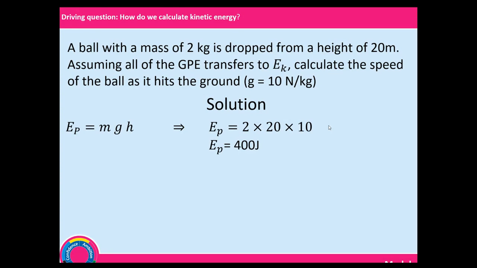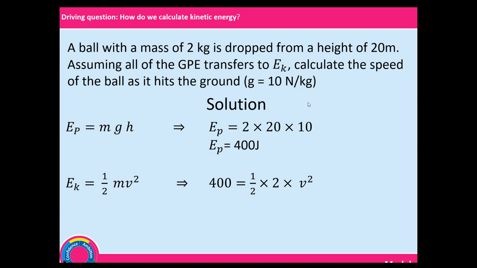Now, this 400 joules is the total gravitational potential energy the ball had when it was at a height of 20 meters. As the ball begins to fall down, just before it hits the ground, all of this 400 joules is converted to kinetic energy. So we equate 400 joules to half mv squared.